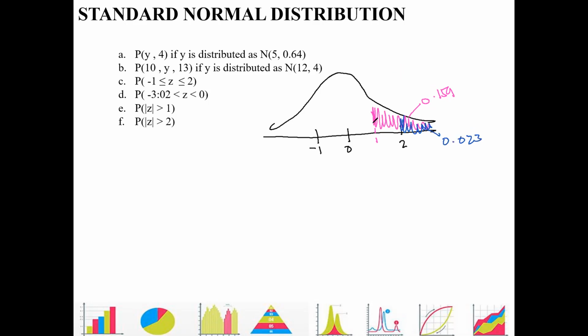Now, symmetrical value, yung positive 1 natin, it will reflect to the area ng negative 1, dito siya. 0.159. So, nireflect ko lang yung area sa kabilang side, symmetrical in aspect.